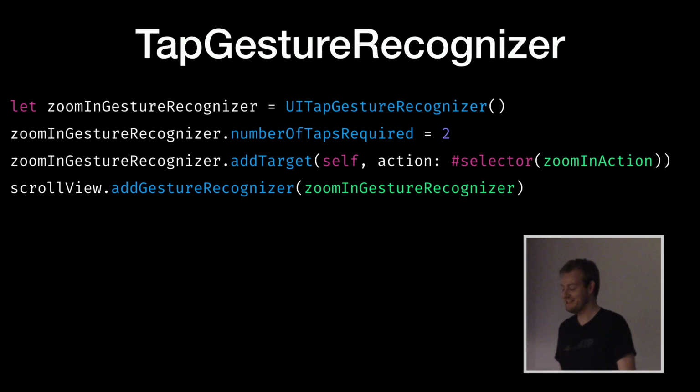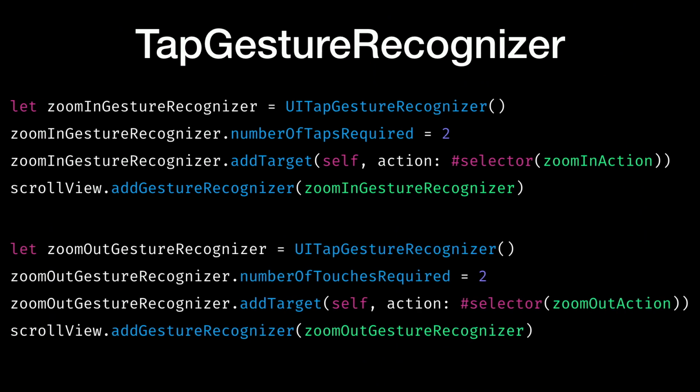That's not something I knew before working on this, but apparently in maps, when you double tap with 1 finger, you zoom in, and when you single tap with 2 fingers, you zoom out. And there are people who use this. So if you do, you can. It's easy enough to create. Instead of setting the number of taps required, we set the number of touches required, and then you can zoom out by tapping with 2 fingers.